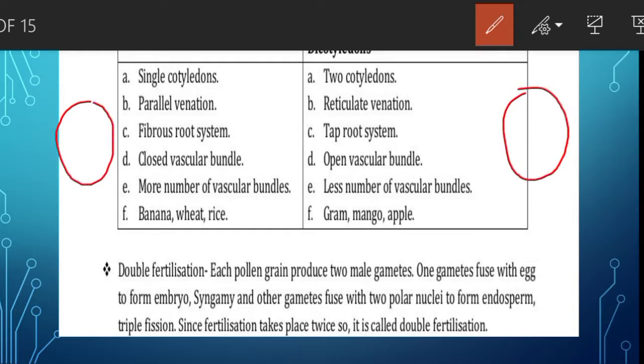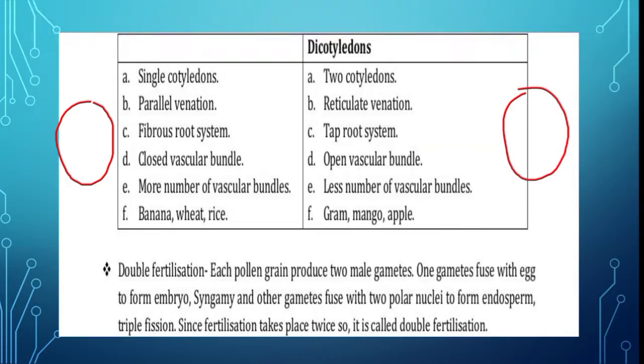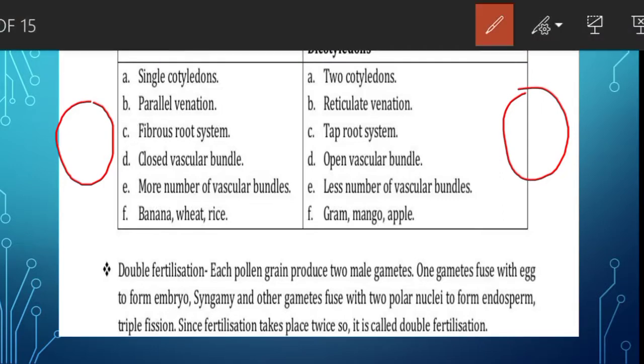Okay, here xylem and phloem is present, xylem and phloem in the vascular bundles. But in closed vascular bundle, there is no cambium present in between xylem and phloem.